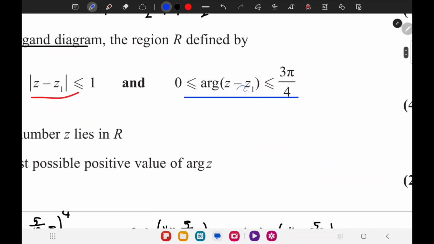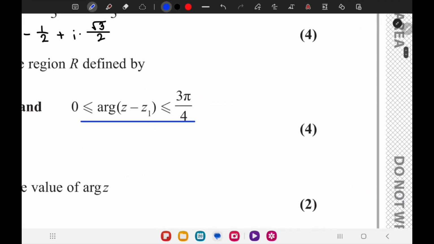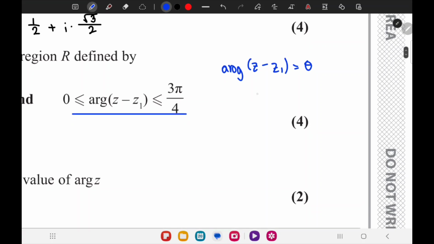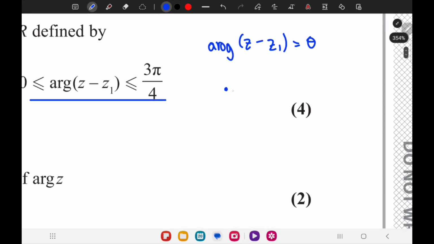And this one, the blue one, anything in the form of the argument of z minus z1 equals theta is a half line. It's basically a ray. So it has a starting point but no ending point, it's infinite on the other side.